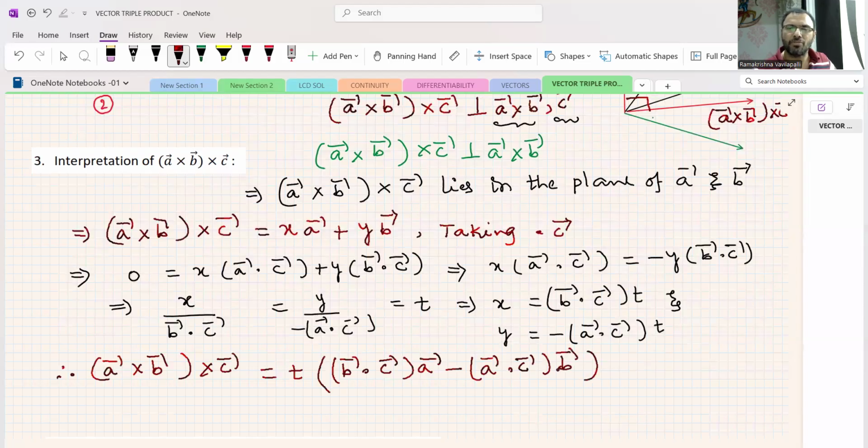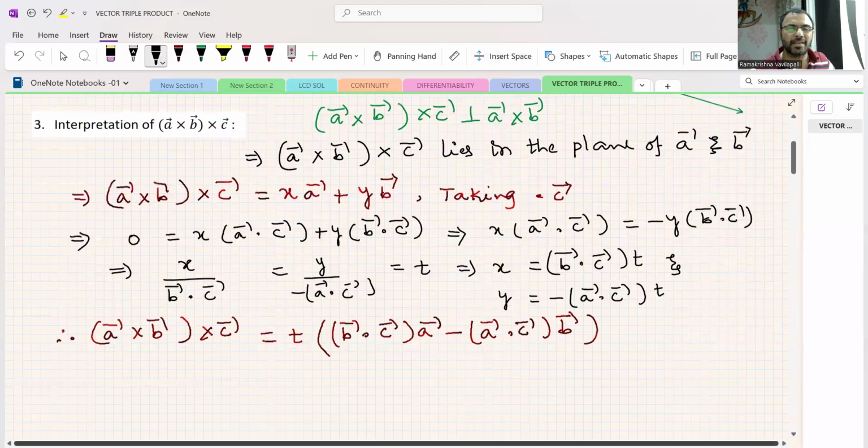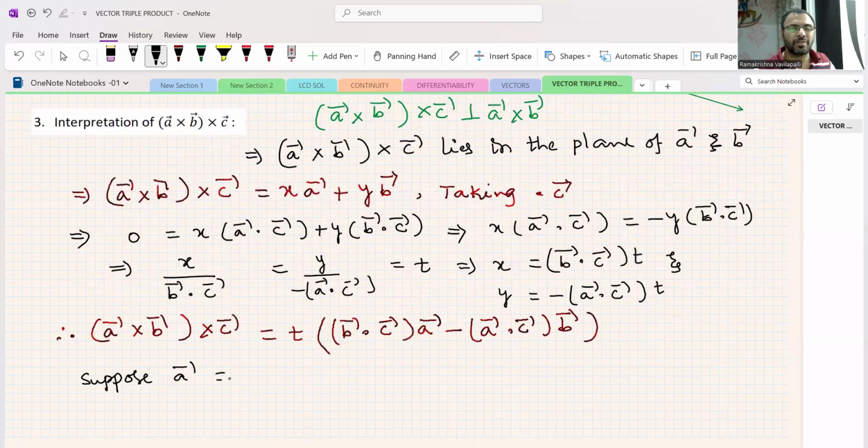Now to find out the value of T, I will choose some particular vectors. Suppose you take that A bar is equal to I cap, and B bar is equal to J cap, and C bar is equal to I plus K. What is A bar cross B bar?